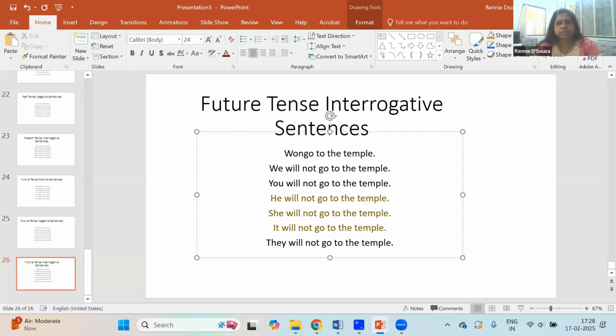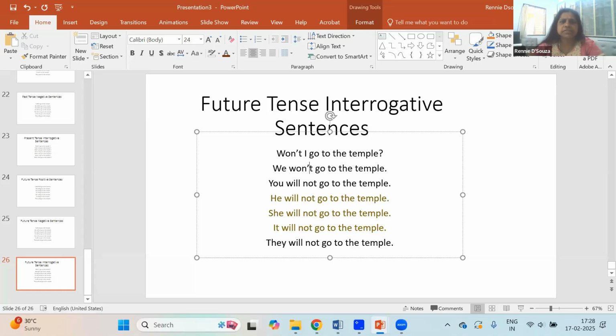When it is won't I, it is a negative question, whereas the answer will come as positive. Won't I go to the temple? Yes, I will go to the temple. That would be the answer for that. But when I say, will I go to the temple? I might say no. Negative answer will come. No, I will not go to the temple.